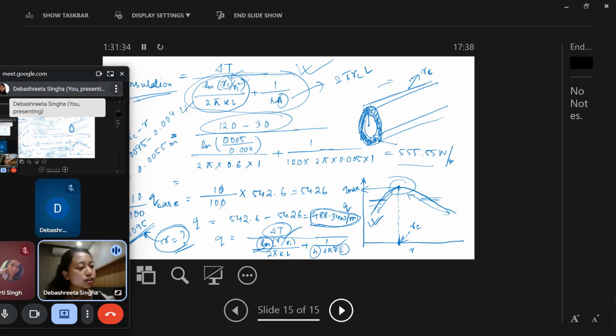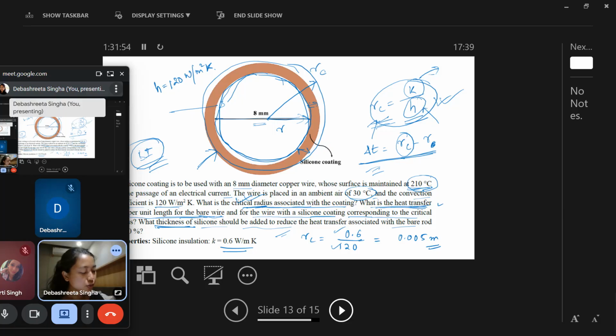For cylinder it is like this. For sphere it is something else. For plane wall the formula is something else, but this is for cylinder because we are dealing with a cylinder now. And for convection resistance it is already this. Then you can find out the Q insulation. And the last question is, what thickness of silicone should be added to reduce the heat transfer associated with the bare rod by 10%? So the bare rod was this much.